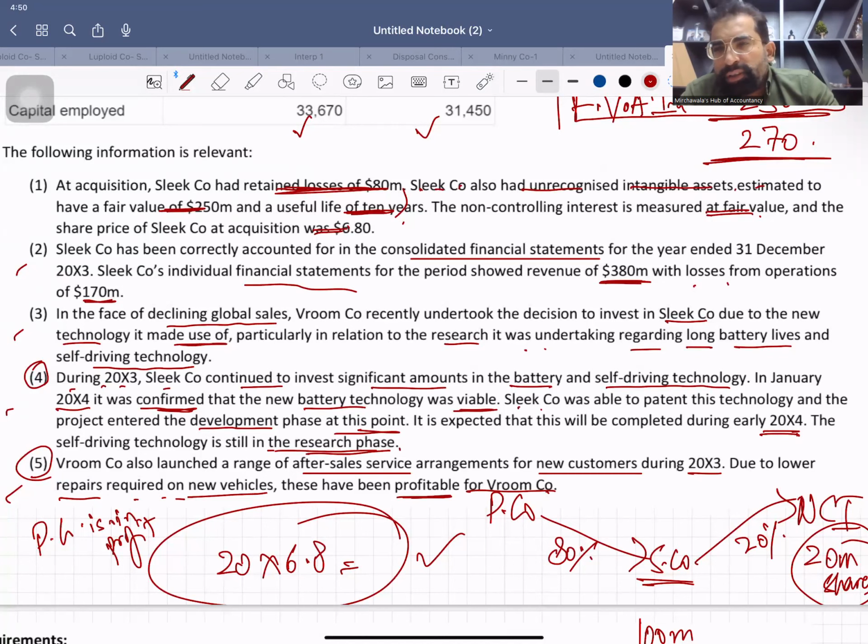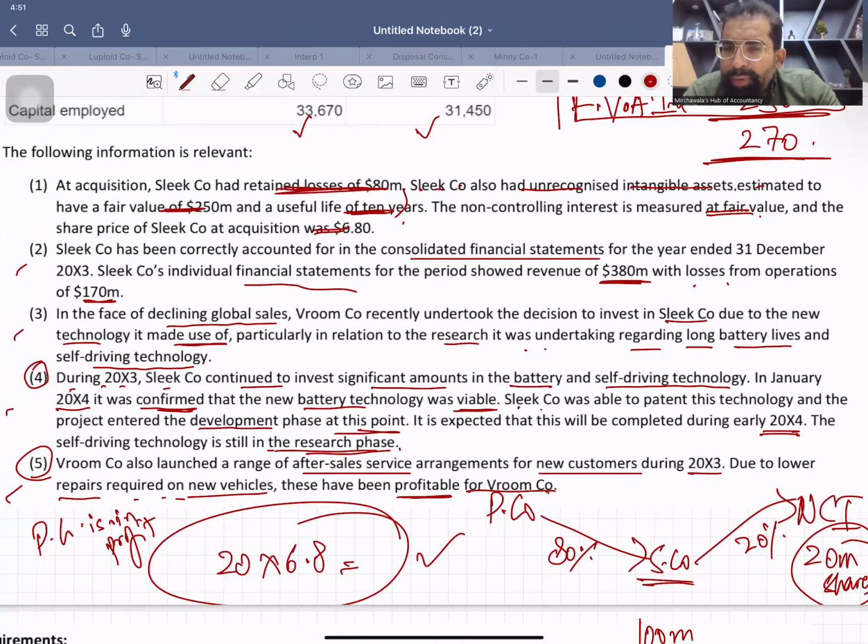Because the parent company has launched after sales service, and as the quality of their product is excellent, there are very few repairs. So yes, they are making extra earnings because of after sales service. Obviously, they'll charge for it, but the cost is low due to lower repairs of new vehicles. Because normally new vehicles, they don't ditch you; in the starting phase, they are good, right?